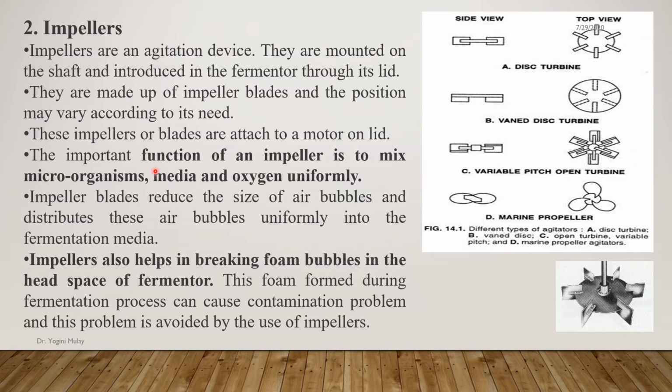The important function of the impeller is to mix the microorganism, media as well as oxygen uniformly. And these impeller blades help to reduce the size of air bubbles, and help to distribute these air bubbles uniformly in the fermentation media.